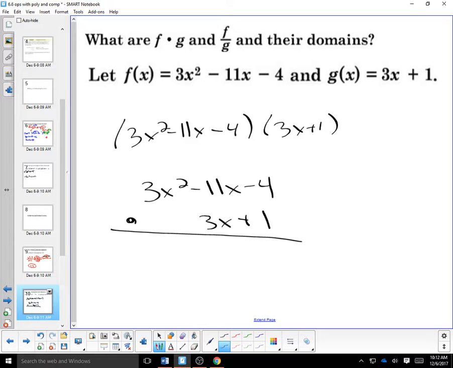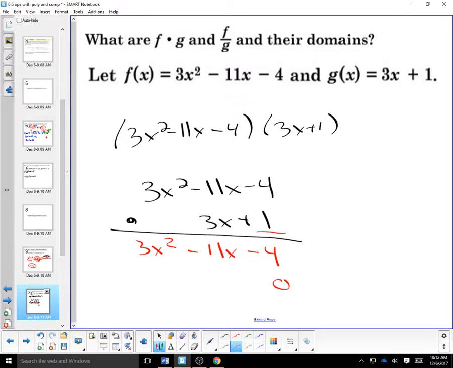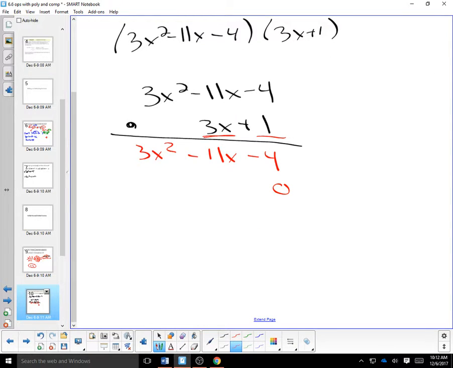Okay, just like that. So let's start. What is 1 times negative 4? Negative 4. What's 1 times negative 11x? Negative 11x. What's 1 times 3x squared? That is 3x squared. 0 for place value. So now we go to 3x. What's 3x times negative 4?